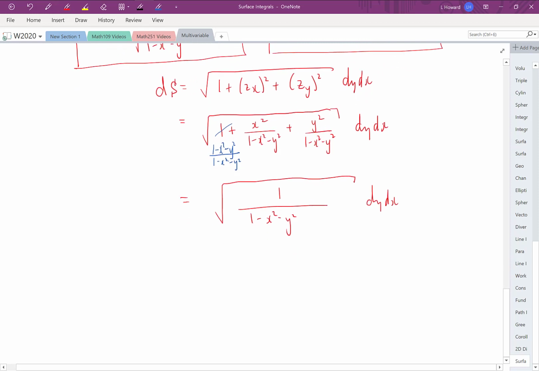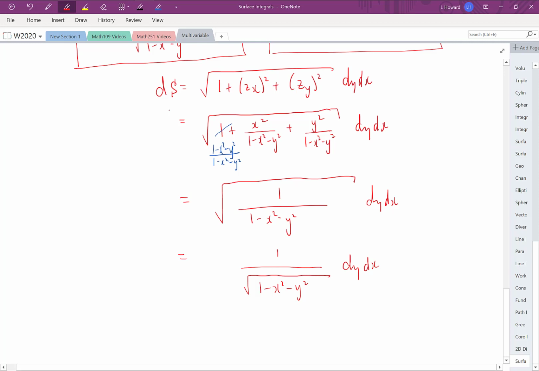Then we can pass that root to the numerator and the denominator. On top, we have root 1, which is just 1, and on the bottom, root of 1 minus x squared minus y squared. And that's times dy dx. So that gives us a simplified version of dS, and that's what we're going to need to plug into our double integral to actually compute it.